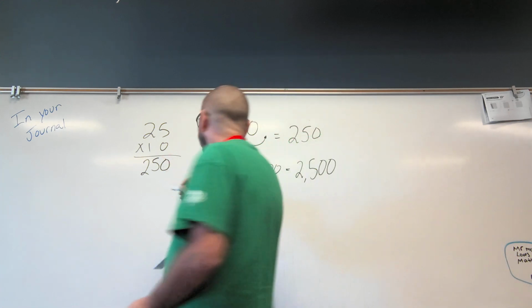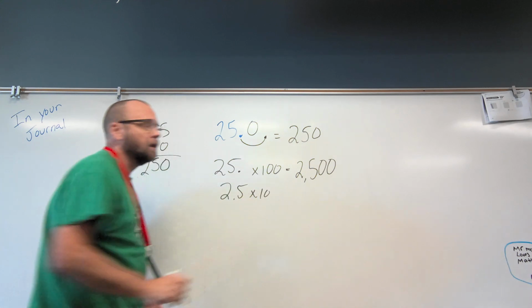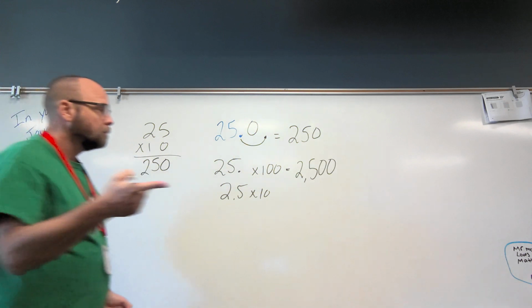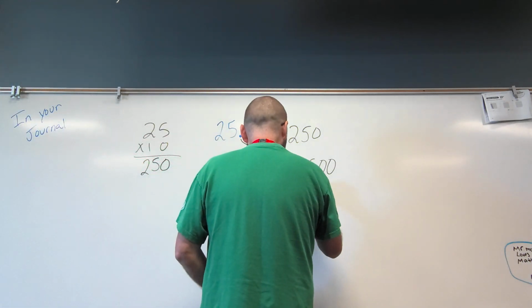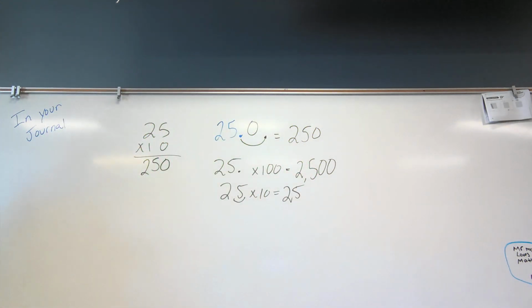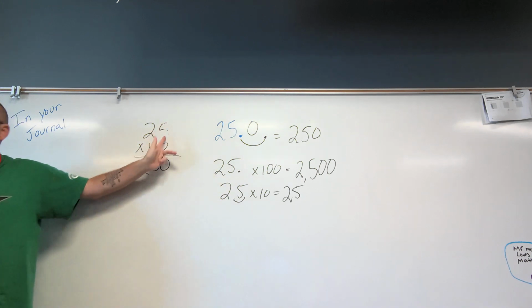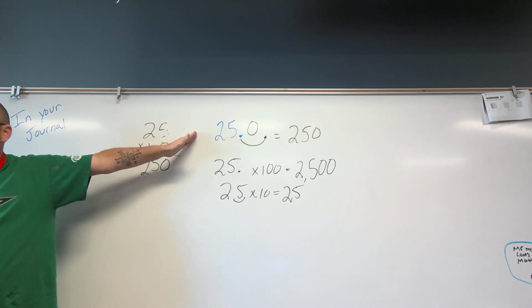But what if I multiplied 2.5 times 10? What would my answer be? It would be 25. Because I'm just moving my decimal point to the right 1 time. So here you don't see the decimal point, but I told you at the beginning of the year, it's there. You don't always see it, but it is there.